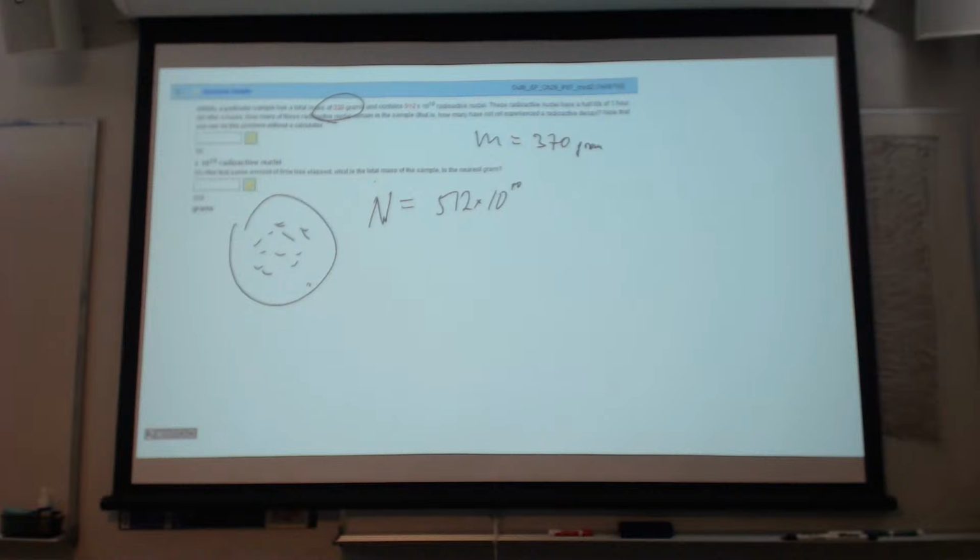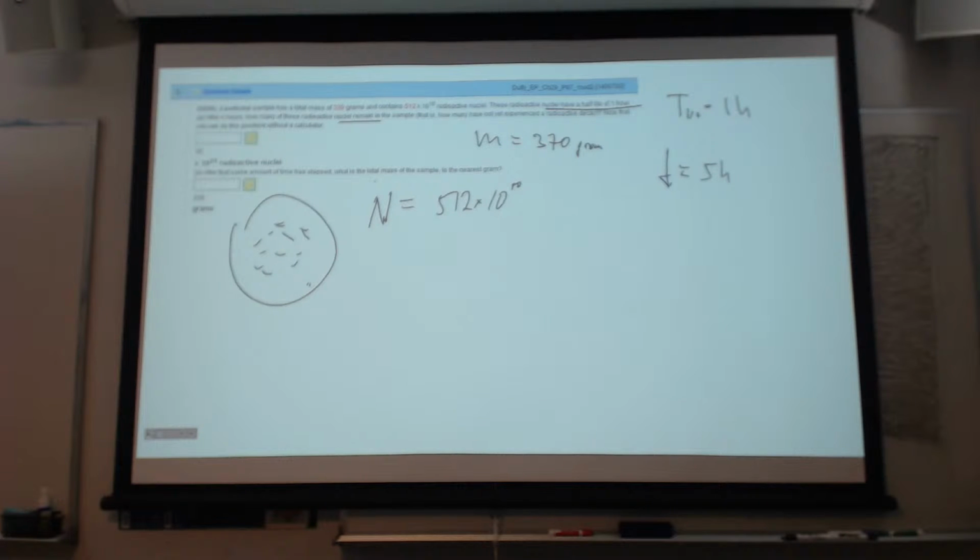And you know that the half-life is 1 hour. That's the same. After how many hours? 5 hours. Okay. The question is how many decays or how many remain? We have to read very carefully. So how many remain?